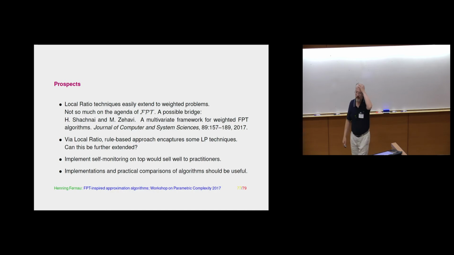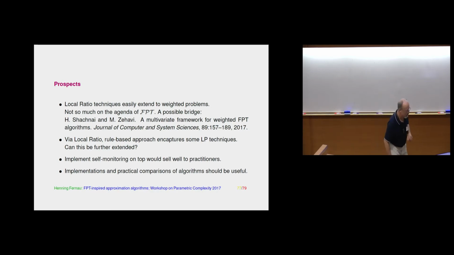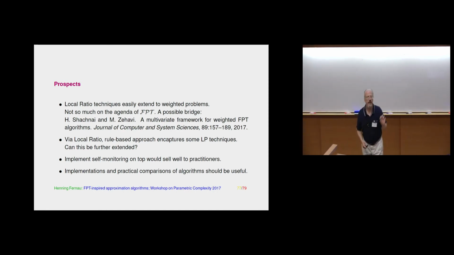Okay, having said this, what I wanted to emphasize once more is that this local ratio technique finally gives you also this local transformation rules, which is some other name for reduction rules. So we have, at the end of the day, similar things happening there. But what I didn't see so far in that area is this kind of self-monitoring that I try to highlight with our algorithm.